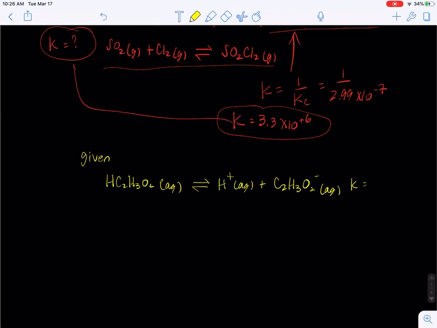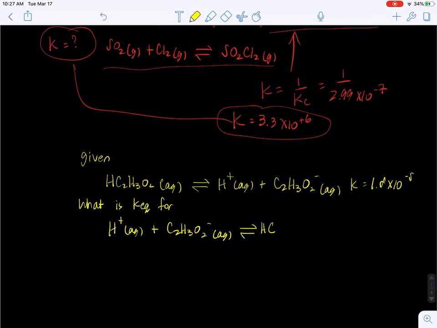So the equilibrium constant for this is 1.8 times 10 to the minus 5. So what is the equilibrium constant for the reverse reaction? Okay, and you'll enter that into your worksheet.